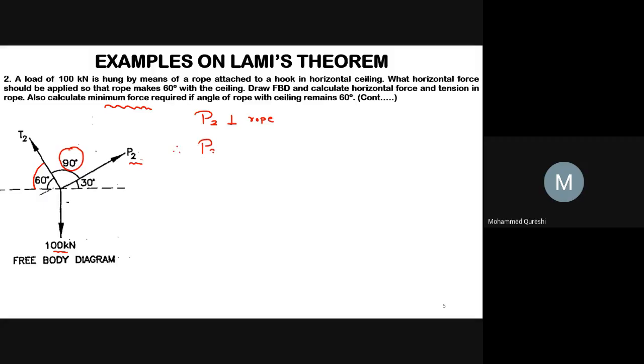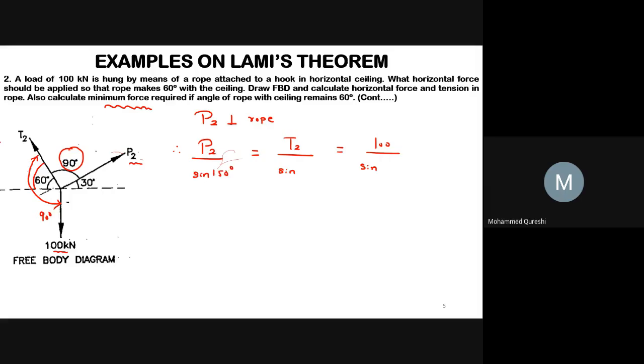Therefore, we will go for Lami's theorem. P2 upon sine equals T2 upon sine equals 100 upon sine. So for this force P2, the angle will be here 60 and this angle will be your 90 degrees, so here P2 upon sine 150.